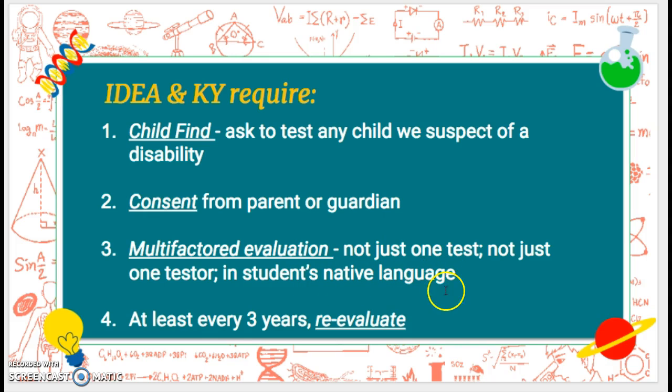So if their native language is English, then we provide testing in English. If their native language is some other language, we must provide it in that language. At least every 3 years, we must reevaluate students to ensure that they are still qualified for IDEA services.